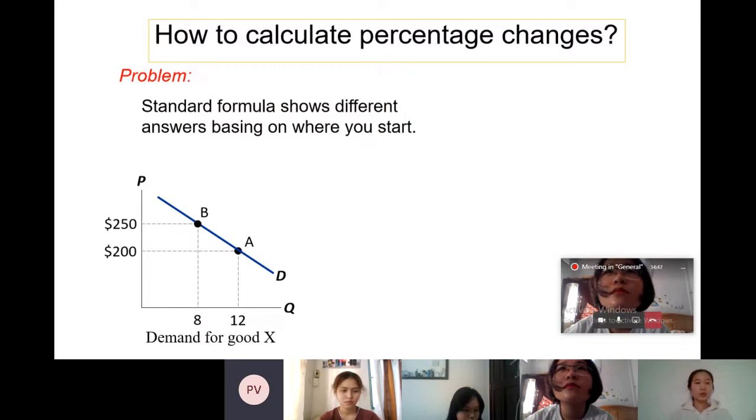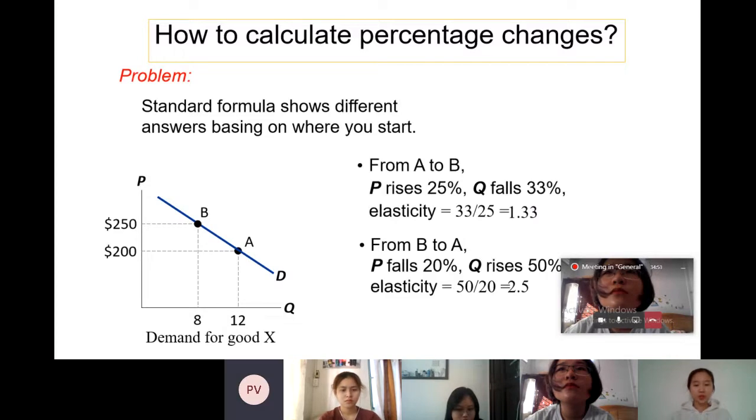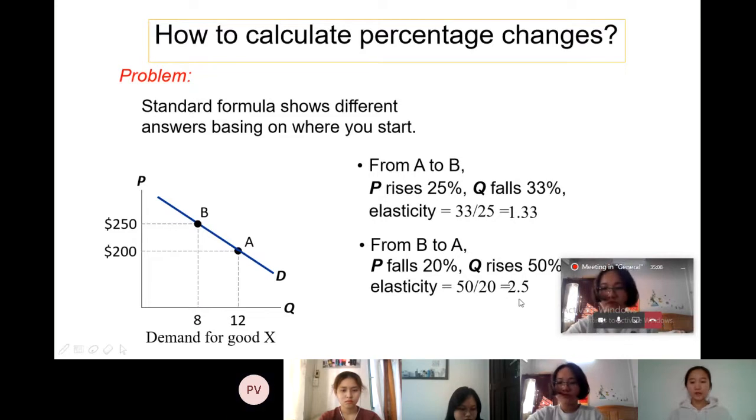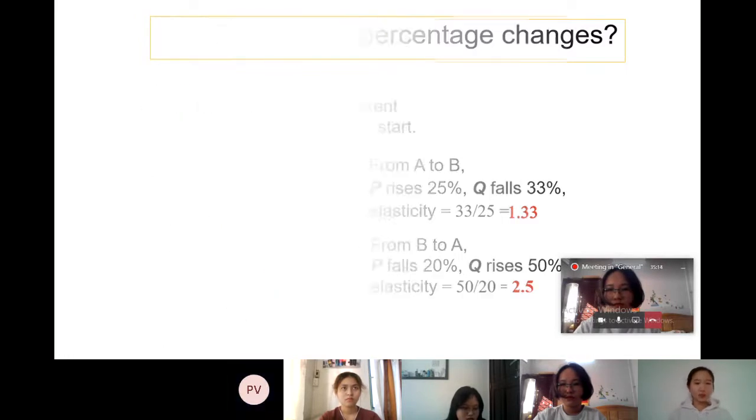That is, it will show you different answers based on where you start. For example, going from A to B, using the formula, you can find the change in price is 1.3, and going from B to A, you can find the answer is 2.5. These two answers are different.